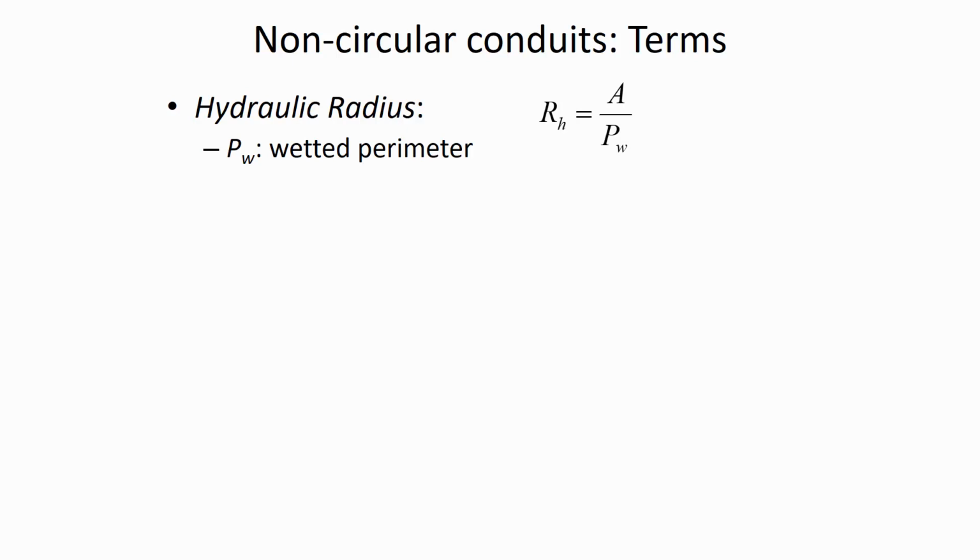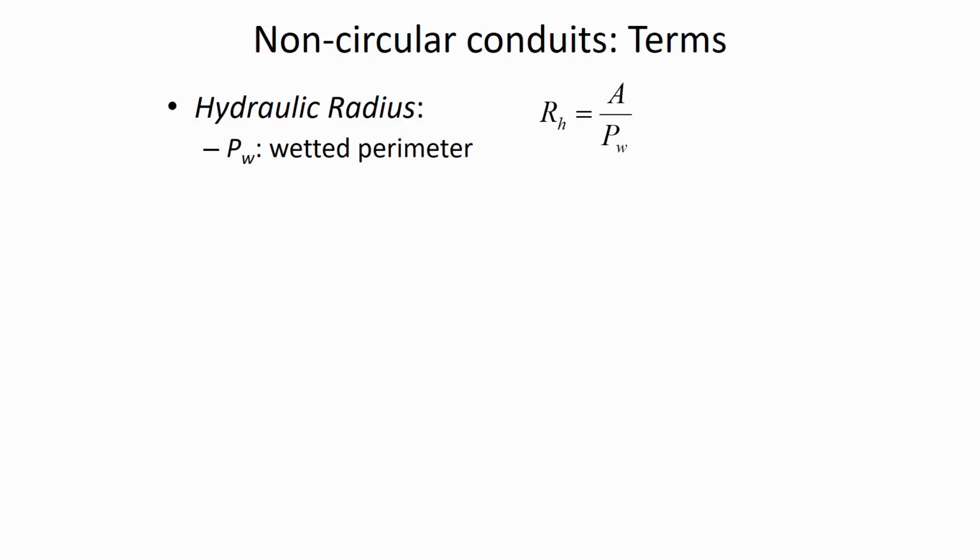Now remember, the hydraulic radius is the ratio of the area and the wetted perimeter. And wetted perimeter is any contact that the water is having with the conduit that carries the water. So if it's a circular pipe, then the wetted perimeter is the circumference of that circular pipe.